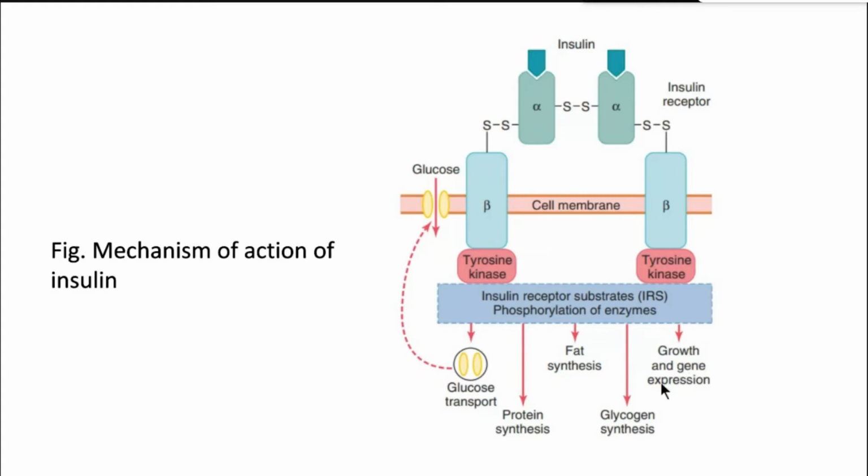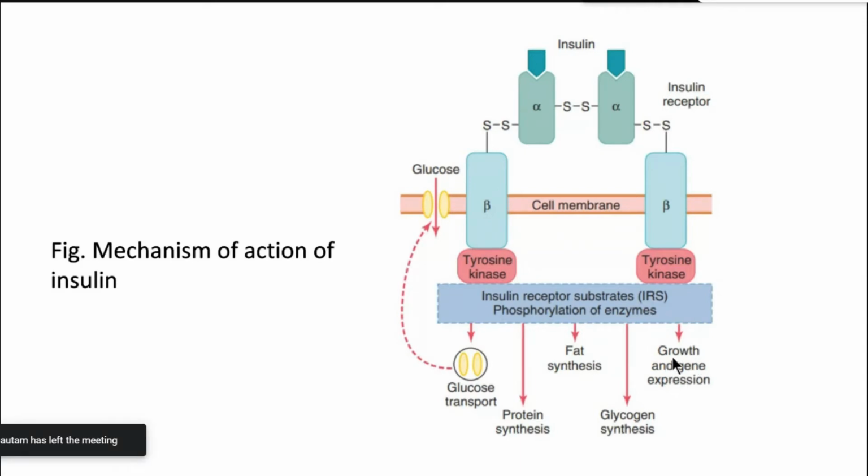And here the different effects will take different time periods to show their effects. For example, glucose transport will be immediate, within a few minutes. Protein synthesis may take some time. Fat synthesis also. And glycogen synthesis, relatively less. And there is growth and gene expression.